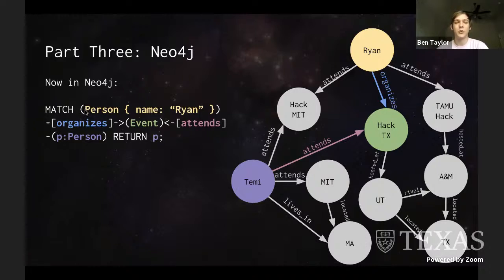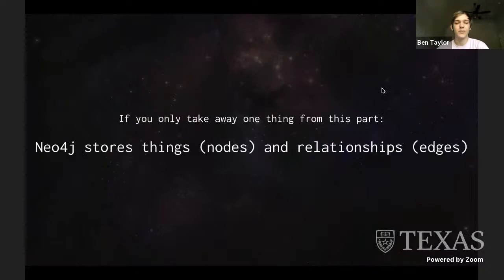We should actually have colons in front of these. Don't worry about that. It's not going to mess you up on any of the practice problems. And that P is going to return Tammy. So when a person is connected to an event by some attends relationship, that event should be connected to Ryan by an organizes relationship. Hopefully that's not too confusing.